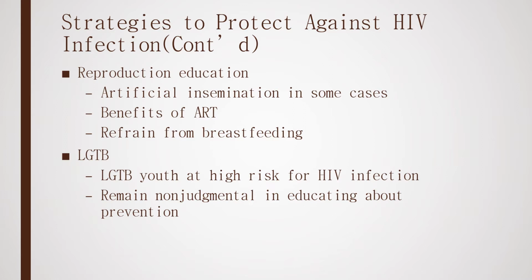Going back to the strategies to protect against HIV is reproduction caution. If any partner of a couple is infected, it is better, if they want to have a baby, to be artificially inseminated. The benefit of ART, or antiretroviral treatment, is important, and refrain from breastfeeding.